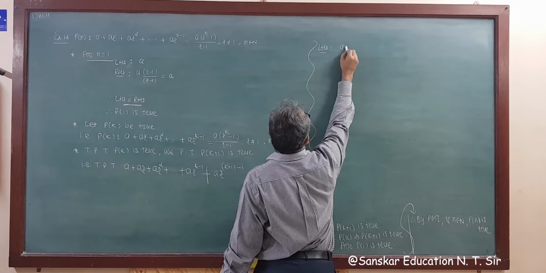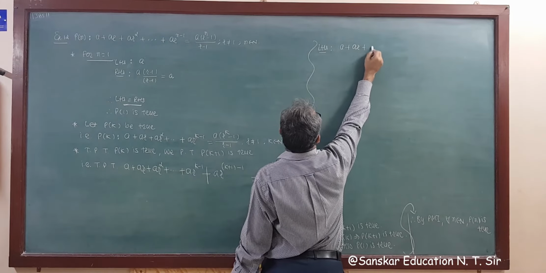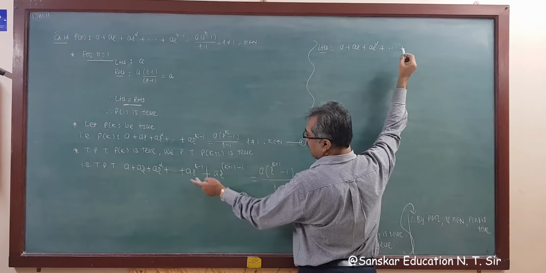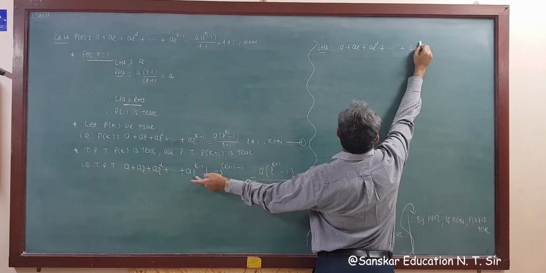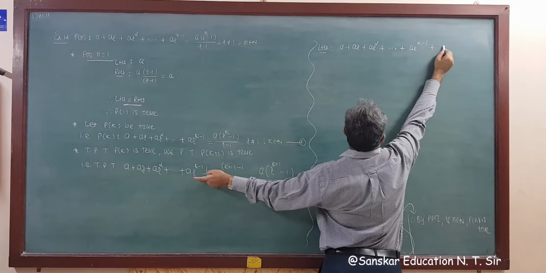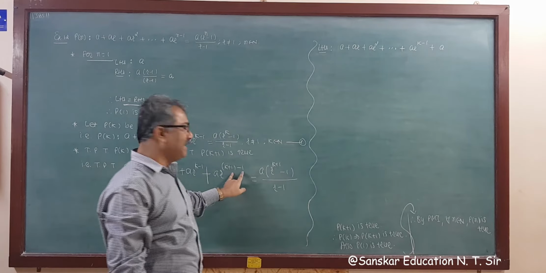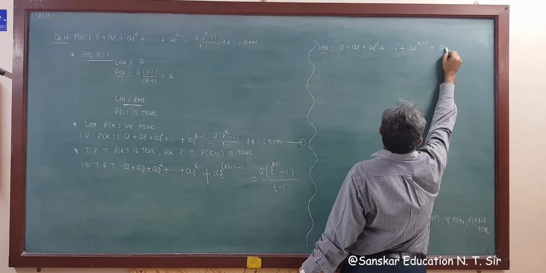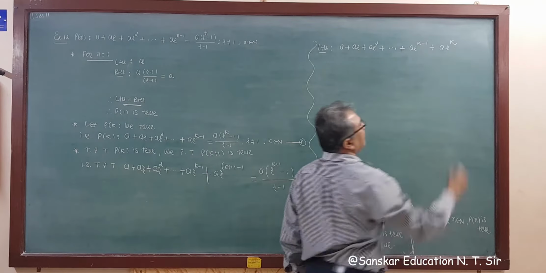That is a + ar + ar² + ... + ar^(k-1) + ar^k. Here this 1 and 1 cancel, so what we get is ar^k only.